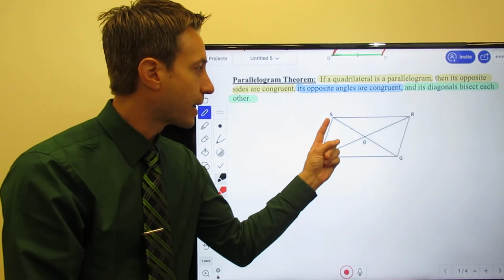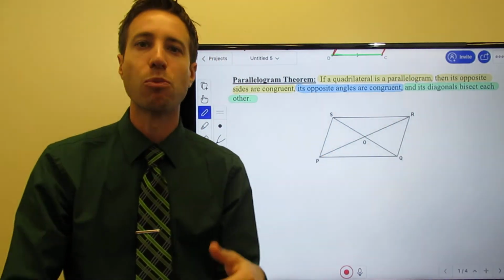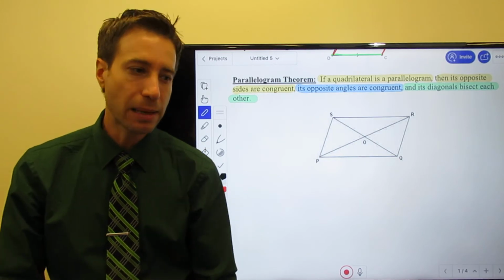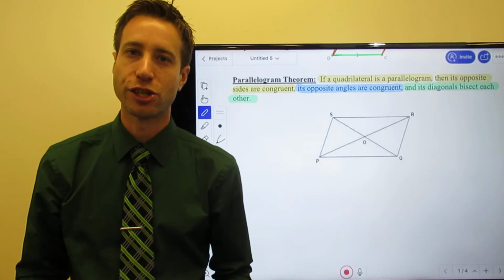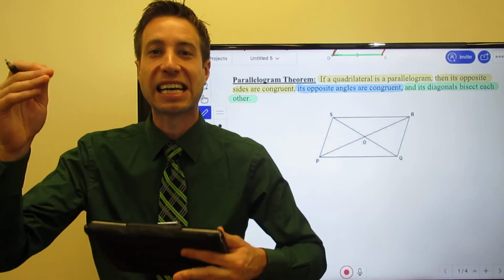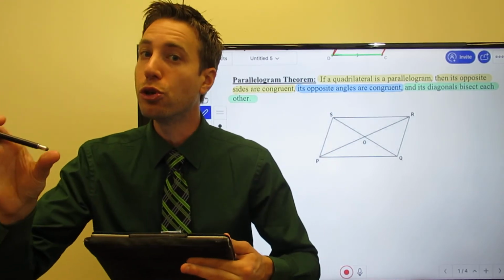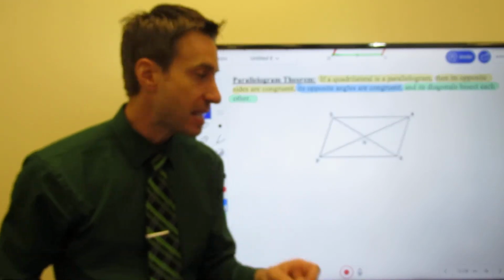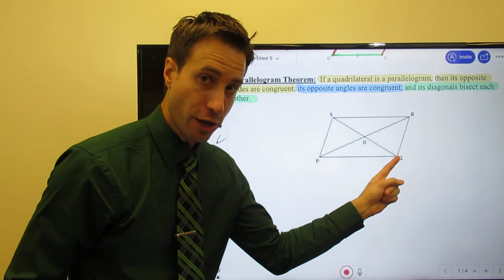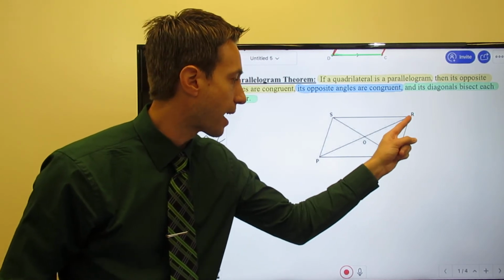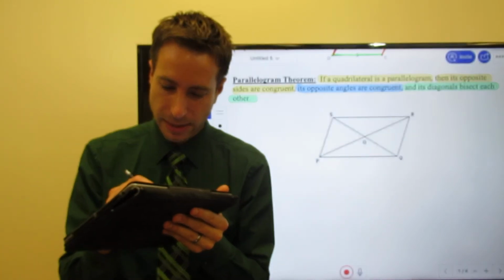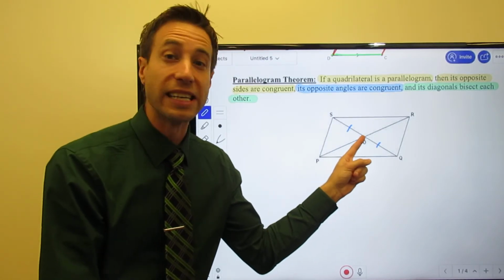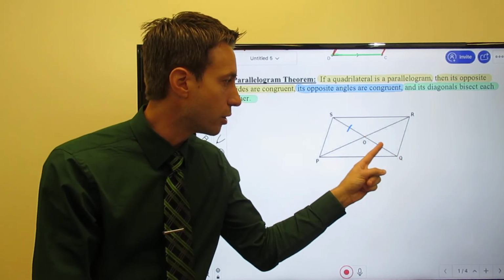Okay, so here we go. I've got the diagonals in my parallelogram. What does it mean that the diagonals bisect each other? We've seen bisect in pretty much every chapter starting in chapter 1. Bisect simply means that it cuts a line segment into two equal parts. So that means that diagonal SQ is bisected by RP, so segment SO is congruent to segment QO.